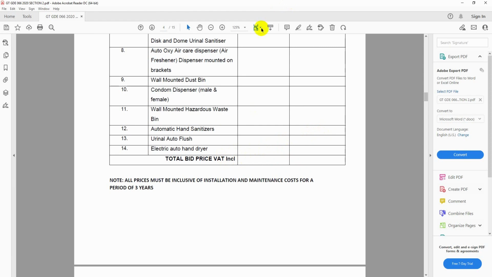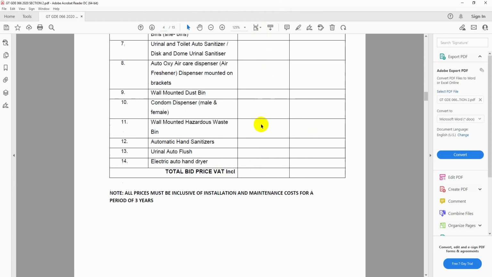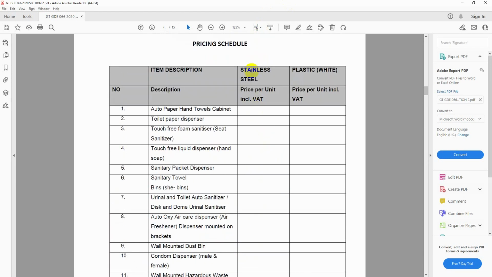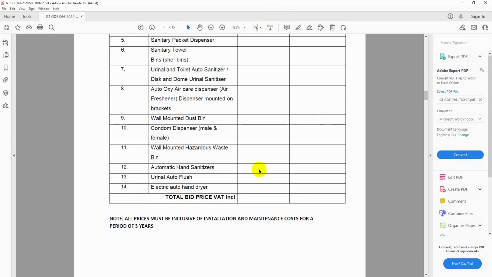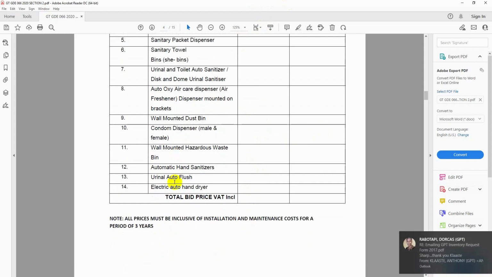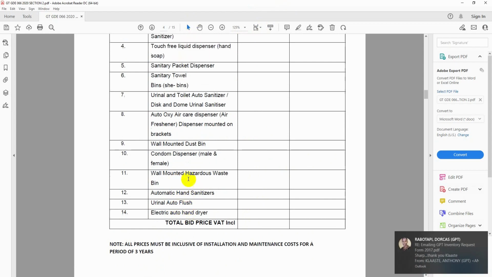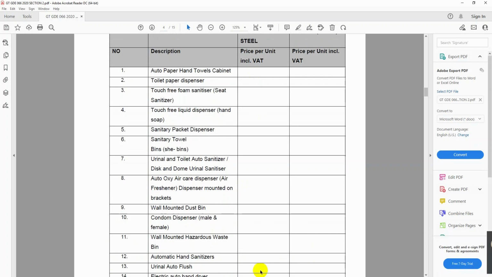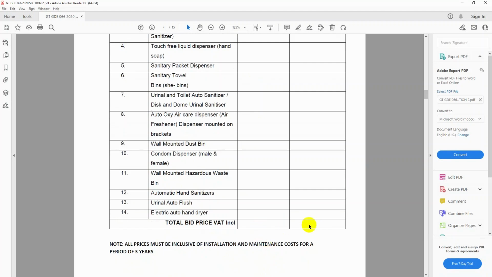Then now you add the total price for all this per unit. You add it now including VAT. How much are all these units including VAT? Then you will put the prices there.